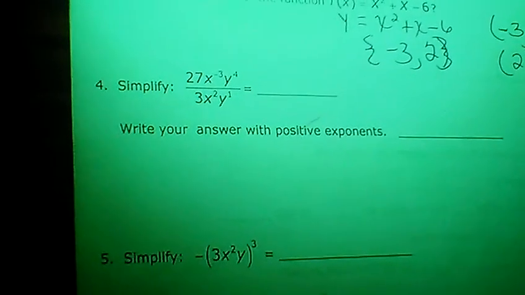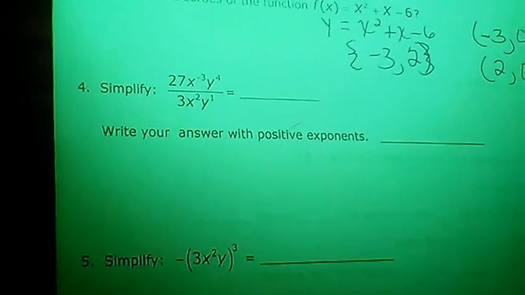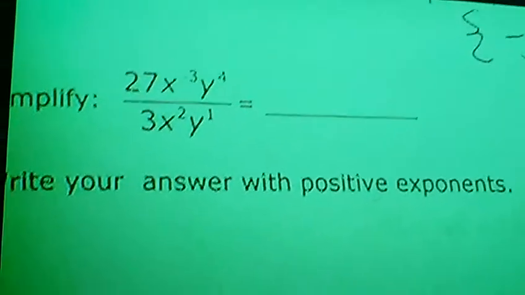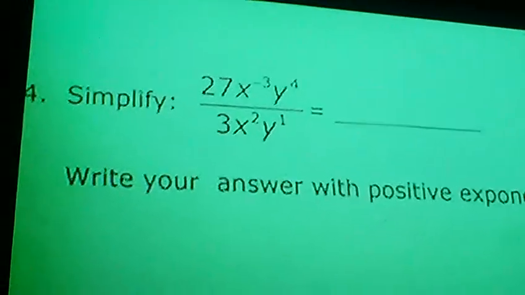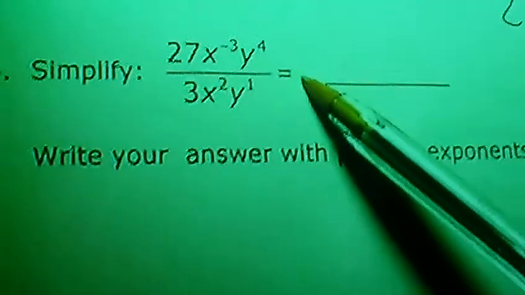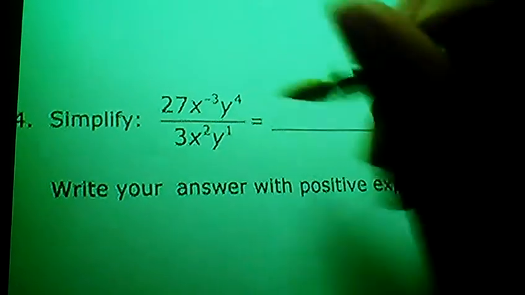Okay, and if Bree will let me borrow the remote, I'm going to zoom in. Okay, better. So we can see the powers. Now, notice Bree said the negative third power. Awesome. Fraction bar indicates division. So we're going to divide. 27 divided by 3 gives us 9.